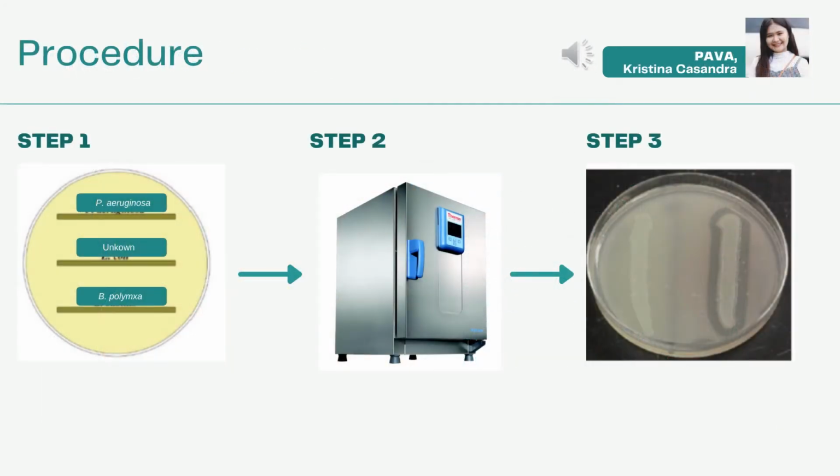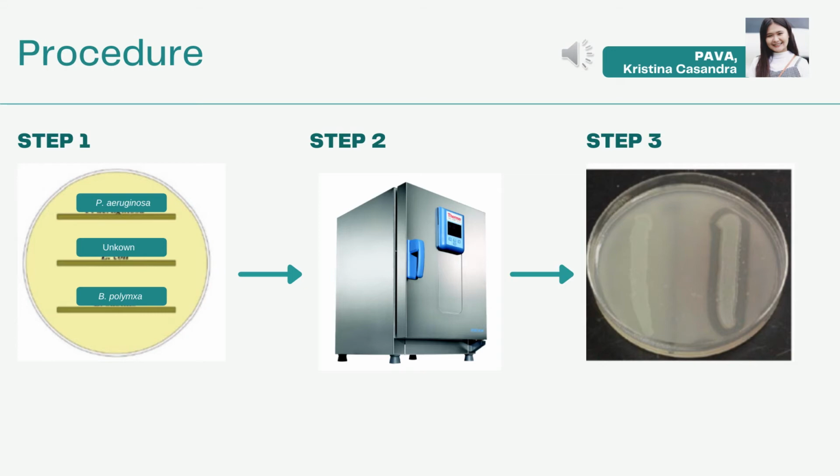To test the lipolytic activity of the prepared bacterial culture, we will divide the agar plate into three sections. We will streak the Pseudomonas aeruginosa, the Bacillus polymyxa, and the unknown bacterium to any of the sections of the agar plate.